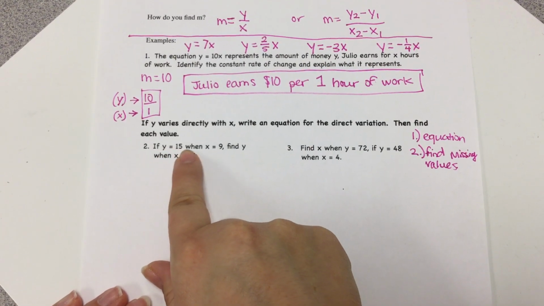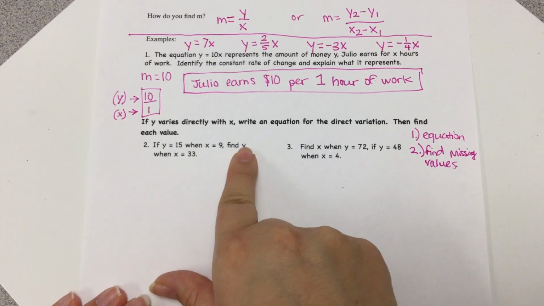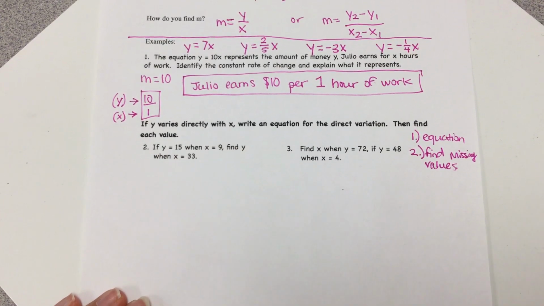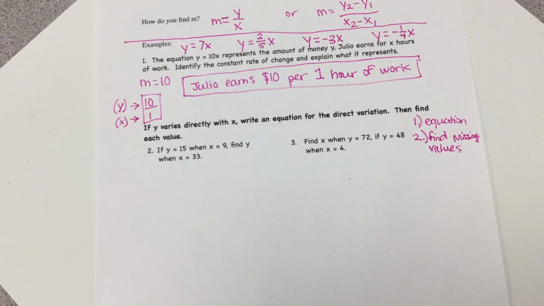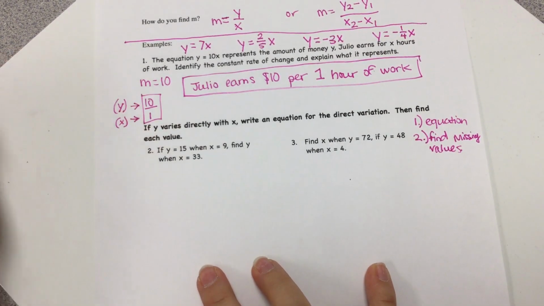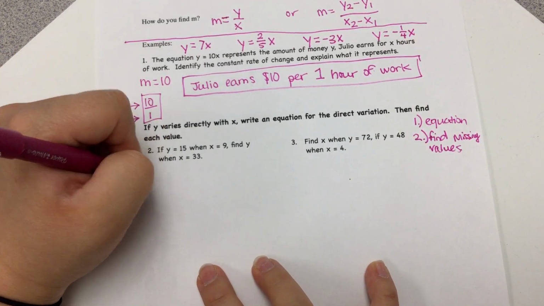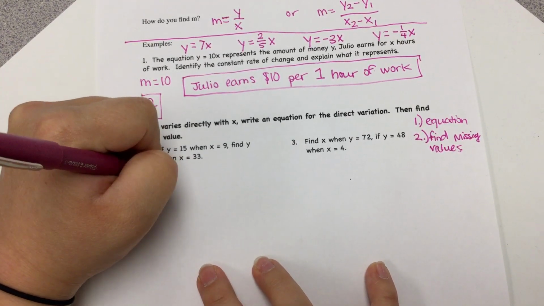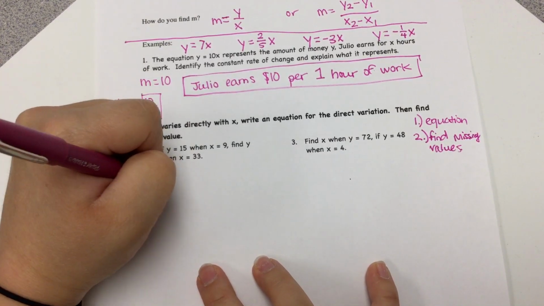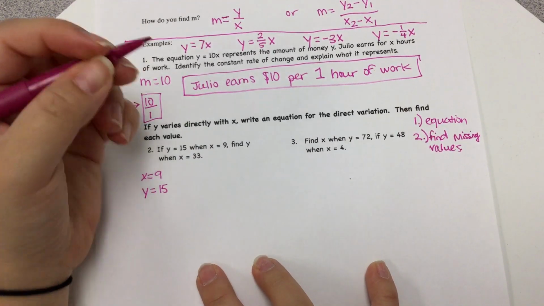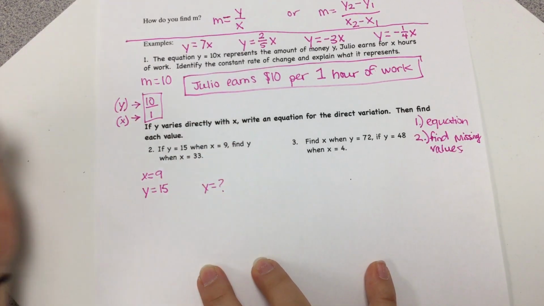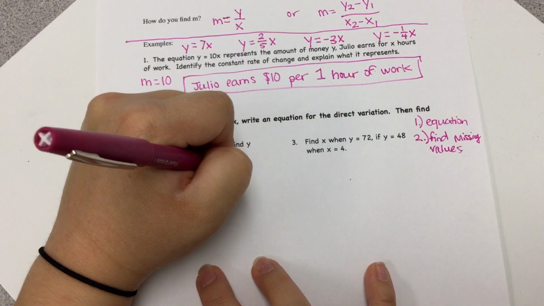If y is 15 when x is 9, find y when x is 33. So I like to write this out in coordinate points. So I might say that x is 9 when y is 15, and I'm trying to find y, so I don't know y, when x is 33.